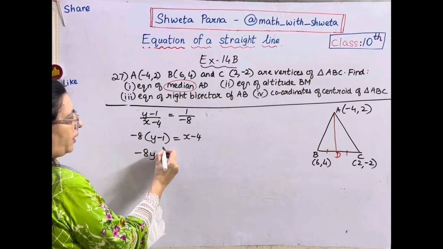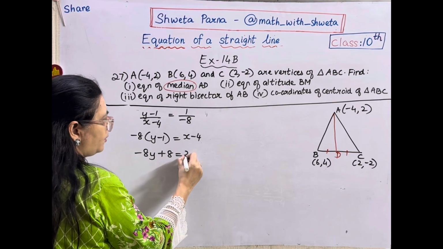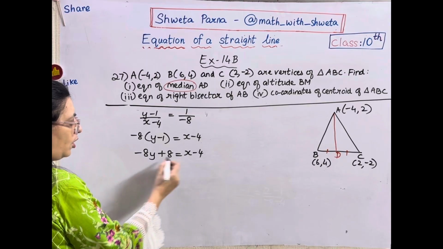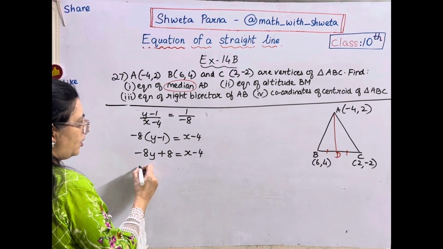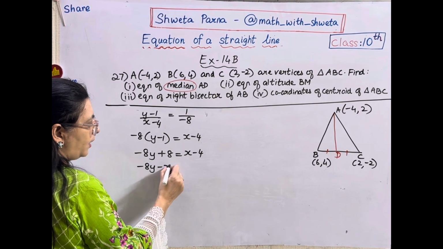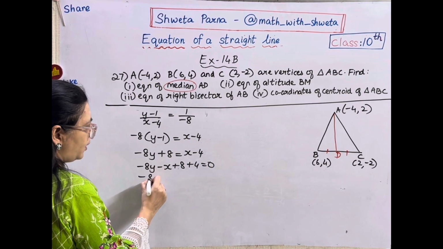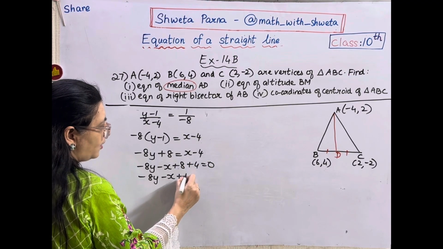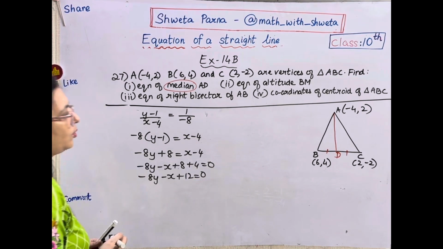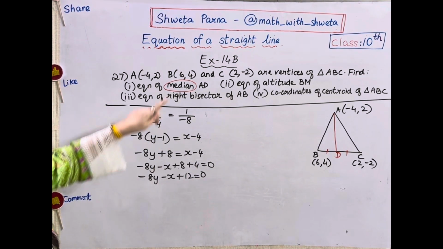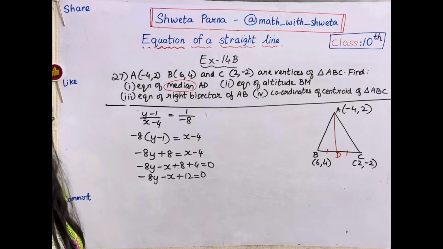Minus 8 into minus 1 is plus 8 is equal to x minus 4. So take everything to one side. So minus 8y minus x plus 8 plus 4 is equal to 0. Minus 8y minus x plus 12 is equal to 0. This becomes the equation of the median AD.